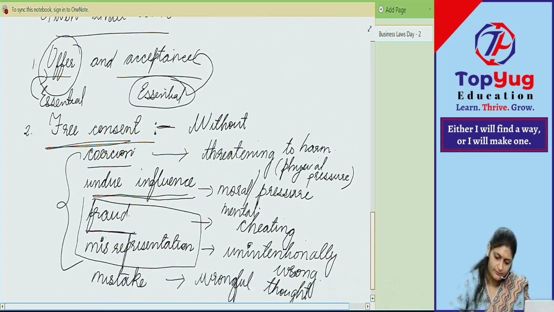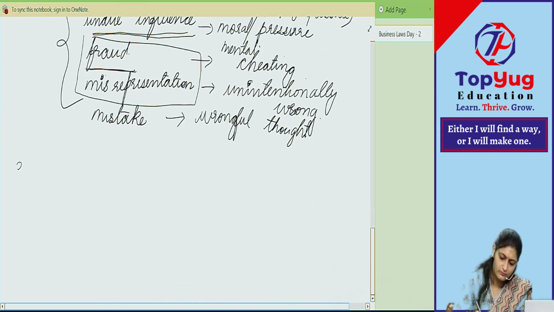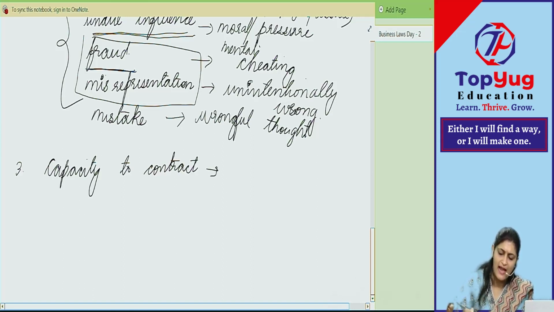Now the next one. Capacity to contract. Here, capacity to contract means what? Ability.